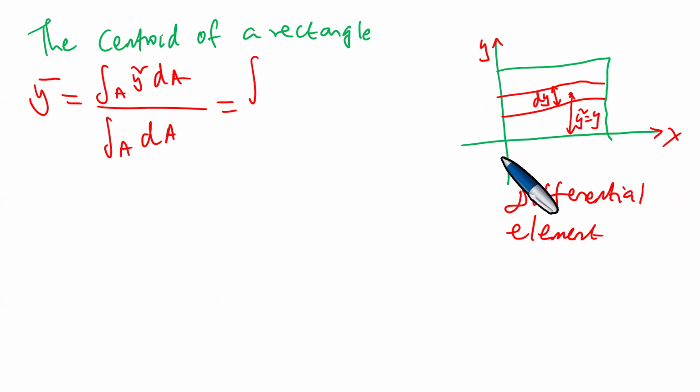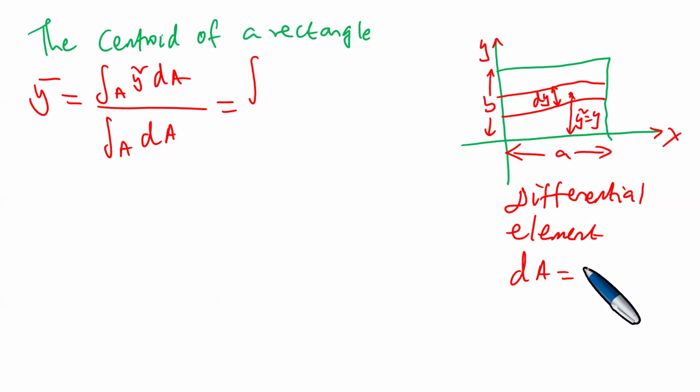If this is dy, this one is a and this one is b, the differential element dA would be the length times the dy, which is a dy. It means that wherever there is a dA, we can put a dy. The y tilde is y, and then you integrate from 0 to a.